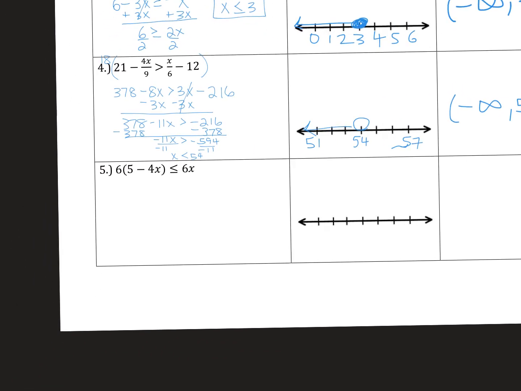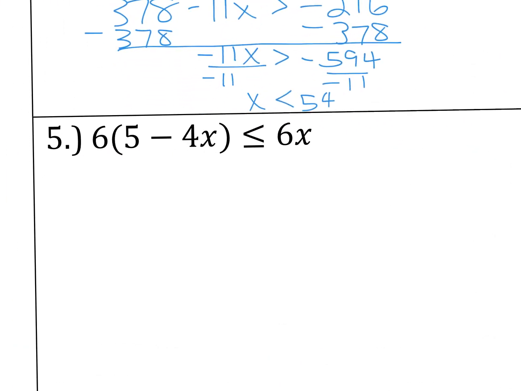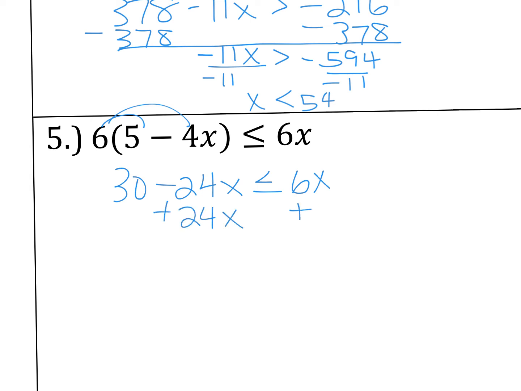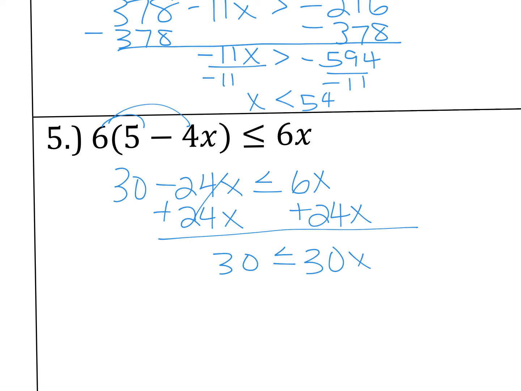Okay, one more. So we're going to distribute. So we're going to get 30 minus 24x is less than or equal to 6x. I'm just going to add 24x to the other side, and then I will flip everything around after. So 30 is less than or equal to 30x. So when I divide by 30, I'm going to end up with greater than or equal to 1.